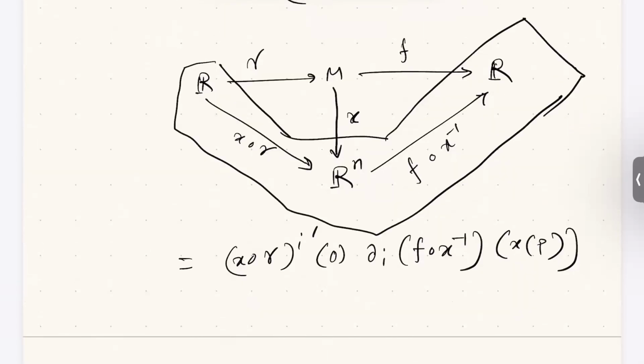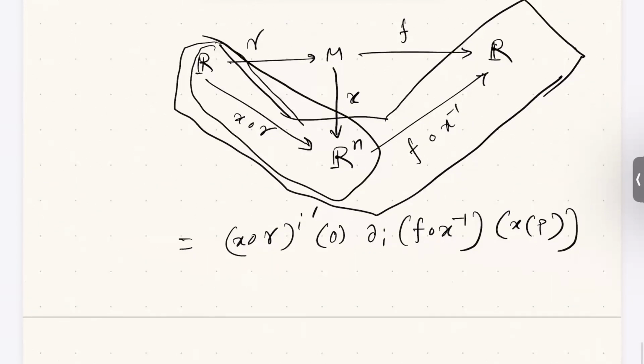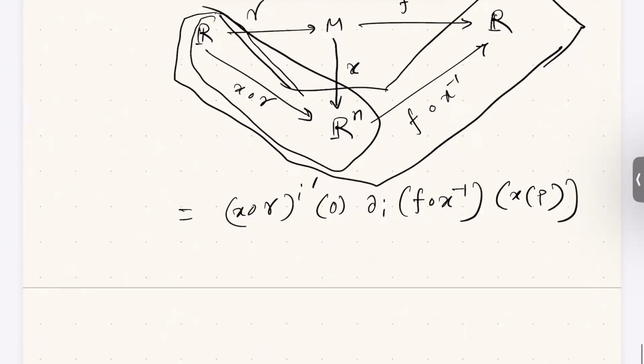So I'm considering this map R to R^n, and x of γ. So the ith component of x of γ, and I'm evaluating it at the point 0.